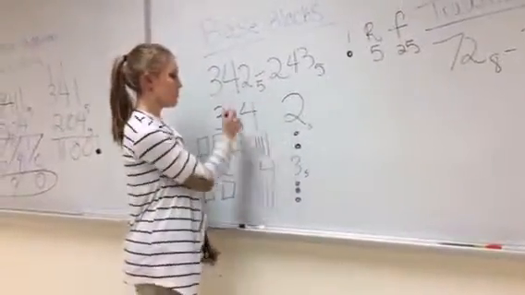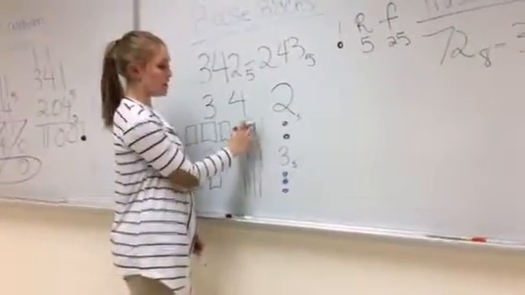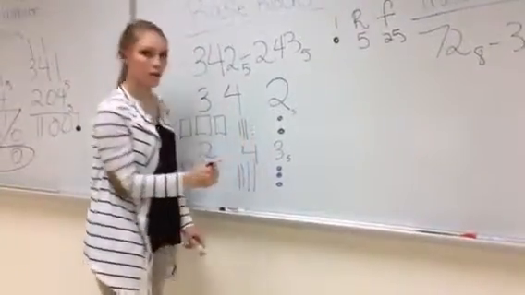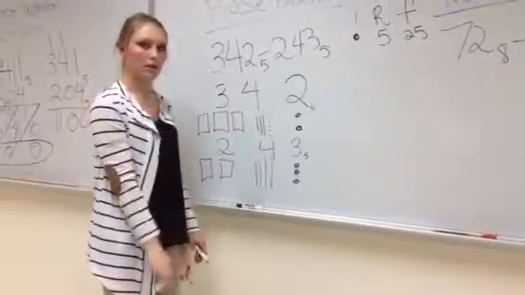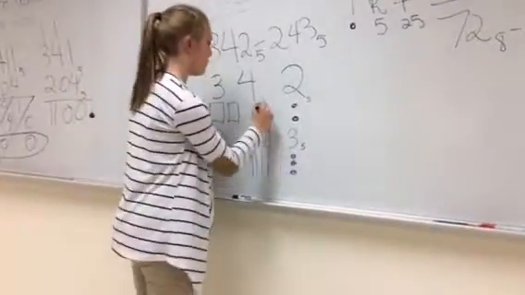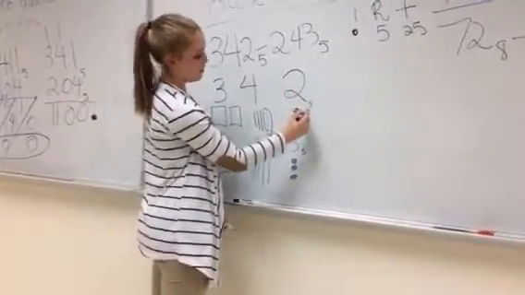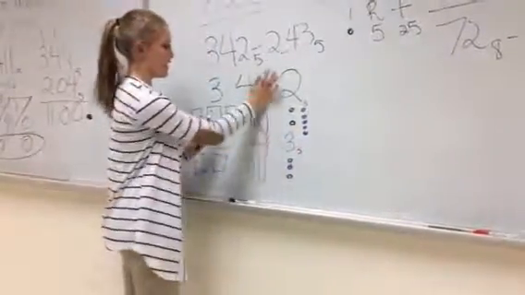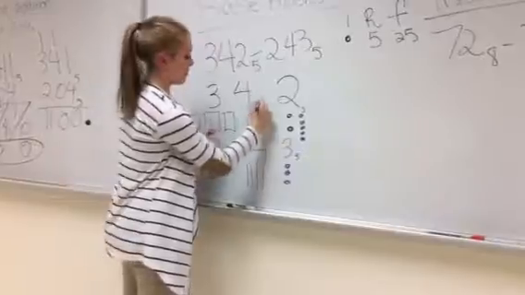So we're going to come over here to our 4s. We know that one of these rods is equivalent to 5 units. So what we are going to do is borrow one of these and put it over here, making this now 3 rods.